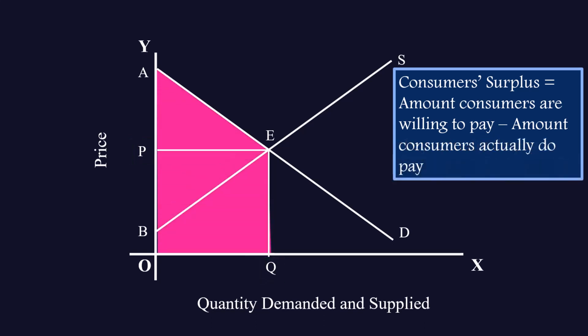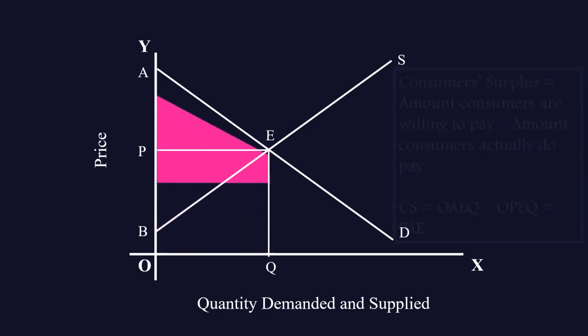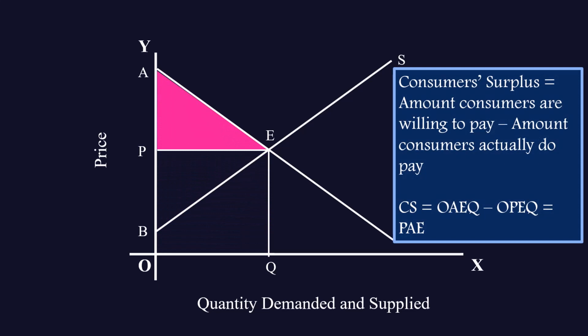According to this graph, the community is willing to pay OAEQ amount to buy Q units of good, but it actually pays OPEQ amount. Consumers' surplus is OAEQ minus OPEQ equal to PAE.